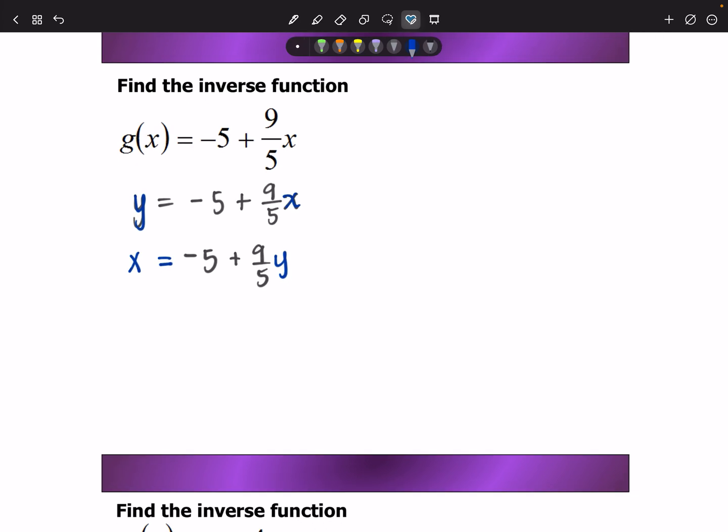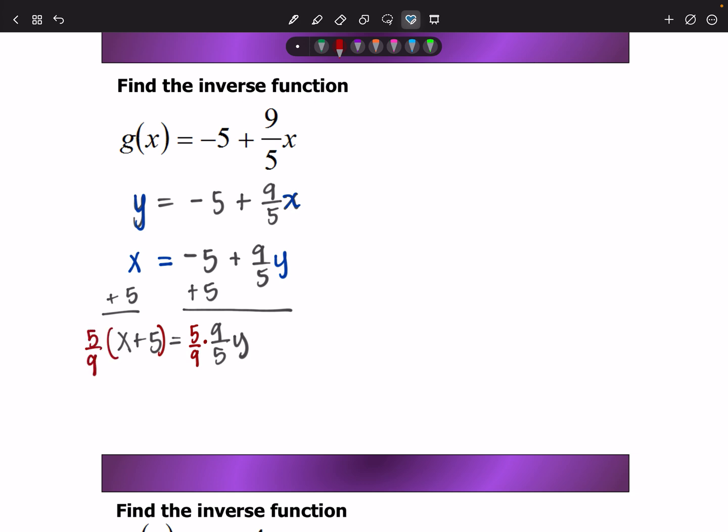Now the third step says solve for y. So to solve for y, I need to add 5 to both sides. So the left is going to be x plus 5, and the right is going to be 9 over 5y. To get y all by itself, I'm going to multiply both sides by 5/9.